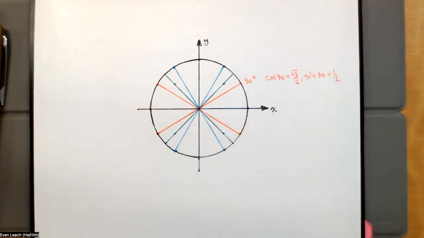And that root 3 over 2 and 1/2 are also the coordinates of that point on the unit circle. This is the reason that I want us also to remember the decimal approximations of these numbers so we can see that this makes sense. This one is more x than it is y. And root 3 over 2 is 0.866, whereas 1/2 is 0.5. So that tracks. There's more x than there is y.